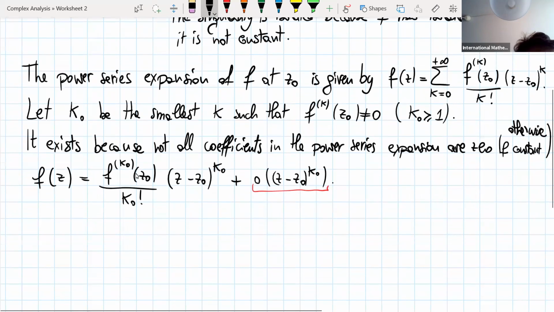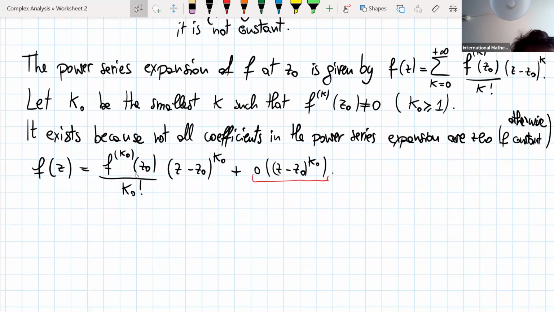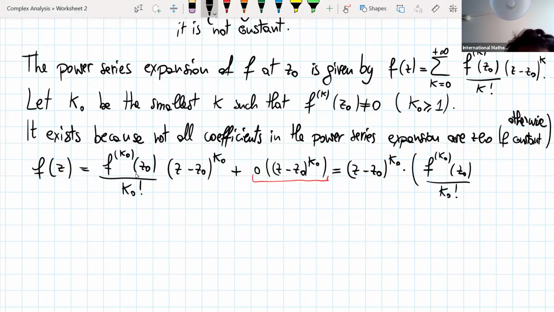So we can factor z minus z0 to the k0 out of this formula, and we find z minus z0 to the k0 times the first coefficient plus now terms which are of order bigger than 0.